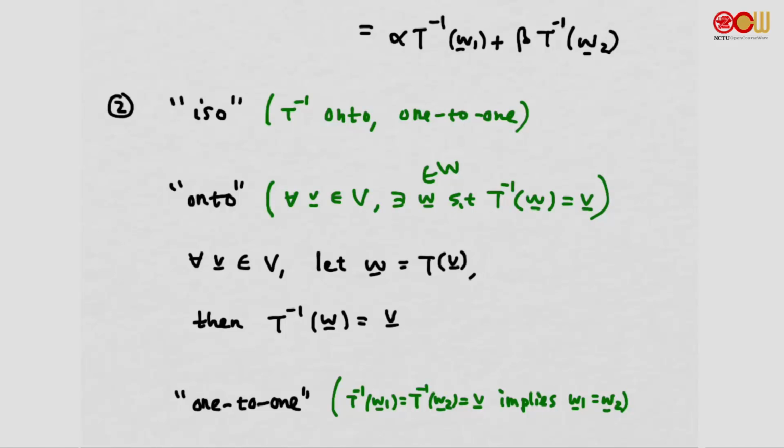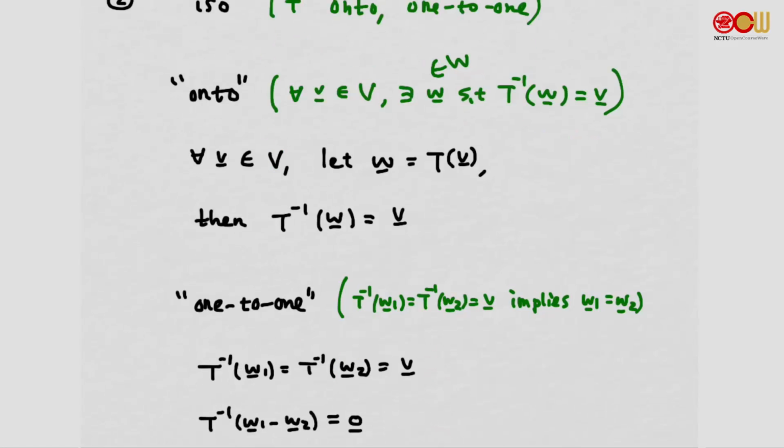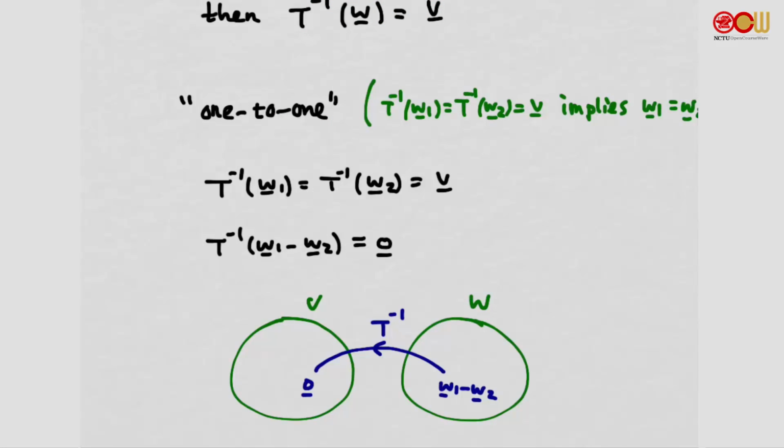Now let's show 1-to-1. 1-to-1 means that if two vectors have the same images, then these must be the same vector. So let's say w1 and w2 have the same image, equal to v. So the image of w1 minus w2 under T inverse is the 0 vector.